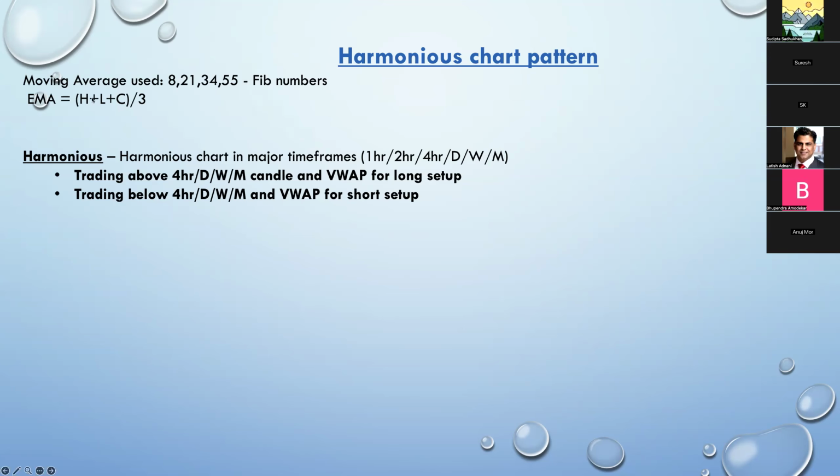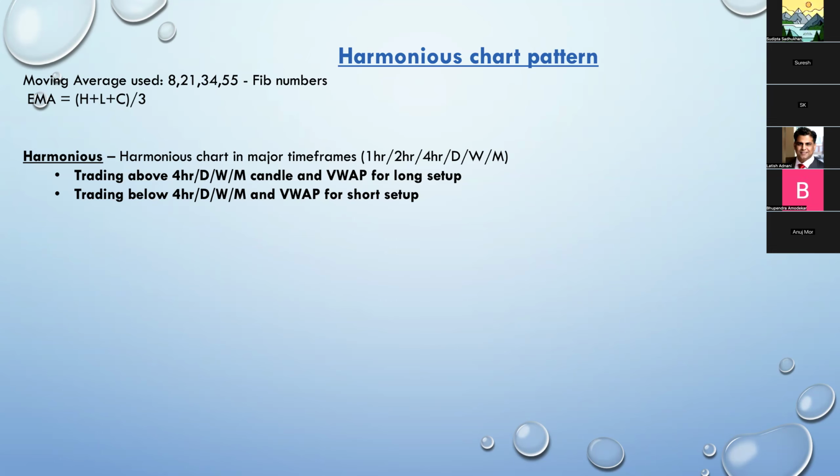This is a standard thing I am referring to for all my trading, including intraday, swing, momentum trading, scalping, everything. I use this 8, 21, 34, 55 EMA, nothing else, plus high plus low plus close divided by 3. That's it. Okay. And I'm using mainly a harmonious chart pattern.